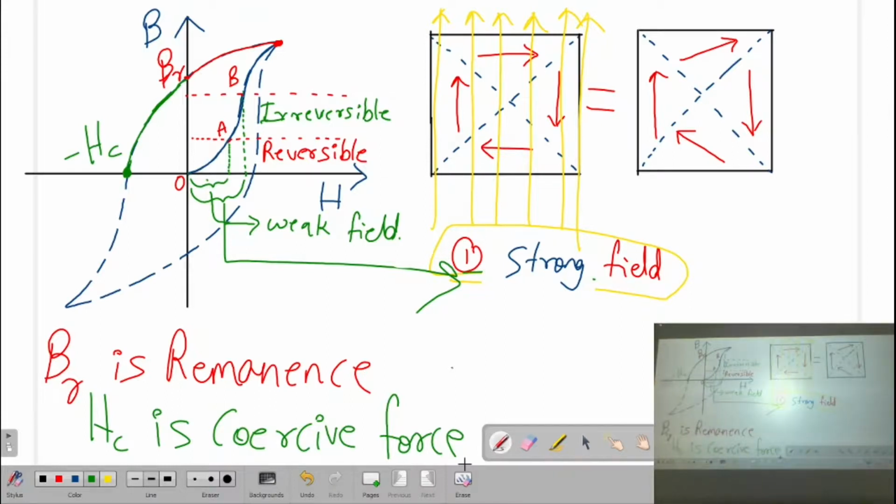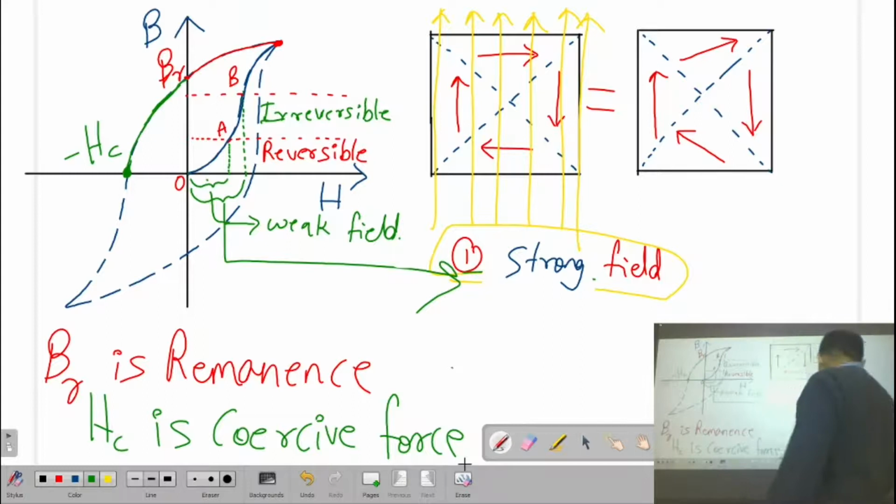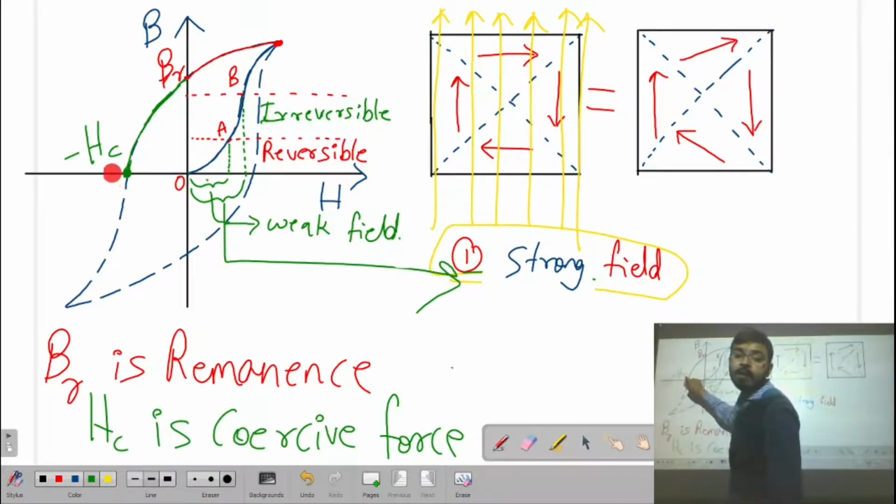Coercive force is the amount of external magnetic field required.